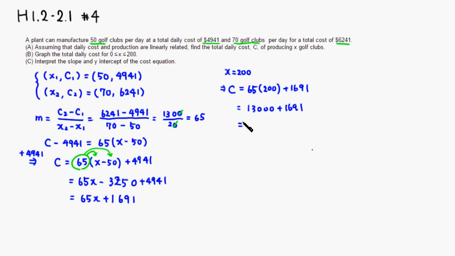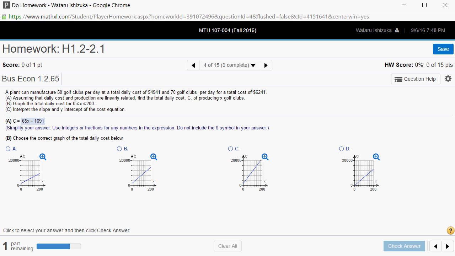So we are getting 14,691. All right, so let's go back. Which one is 14,000?